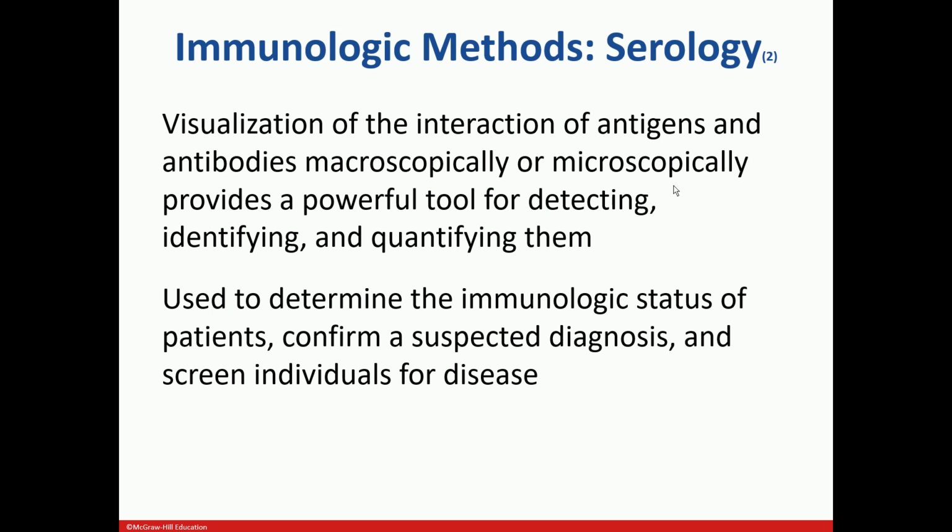And how can we detect the presence of antibodies? That is done by the visualization of the interaction of antigens and antibodies, macroscopically or microscopically. We can look for the interaction and detect whether the antigens and antibodies are interacting.